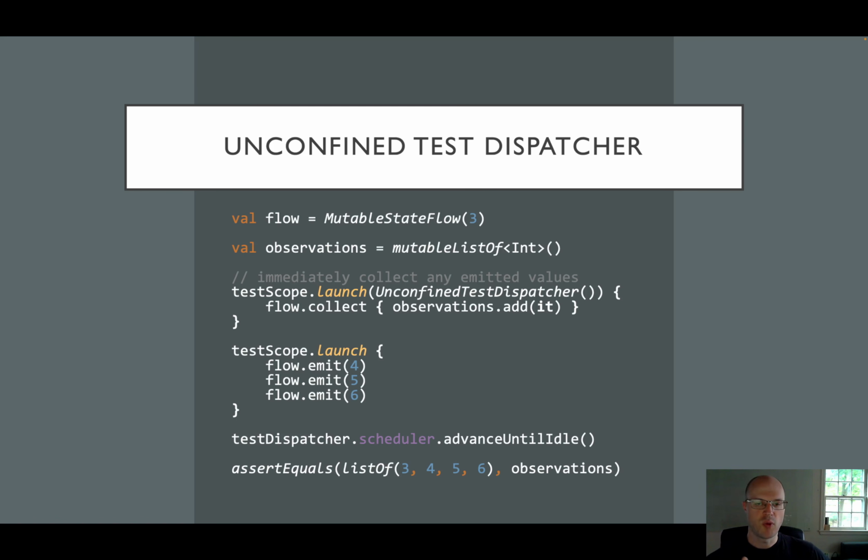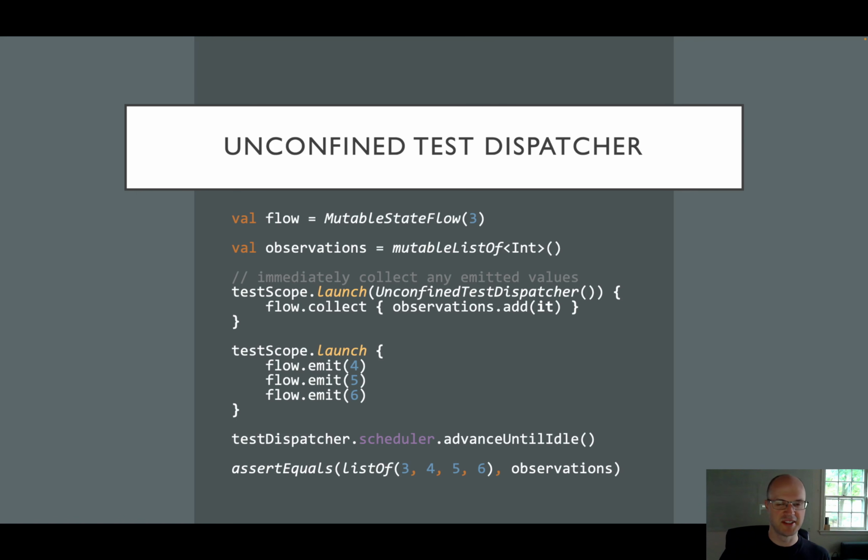So the reason why this test would fail without unconfined test dispatcher is because the scheduler for the test dispatcher is not guaranteed to run in any particular order. It could, for example, choose to run that second coroutine, the emit, completely before it goes back to resume any of the collect calls. And specifically, a mutable state flow is not guaranteed to give the subscriber every value if they're not collecting quickly enough.